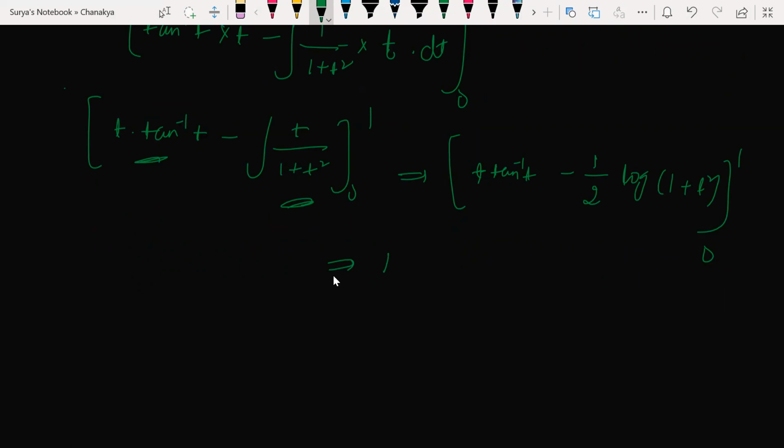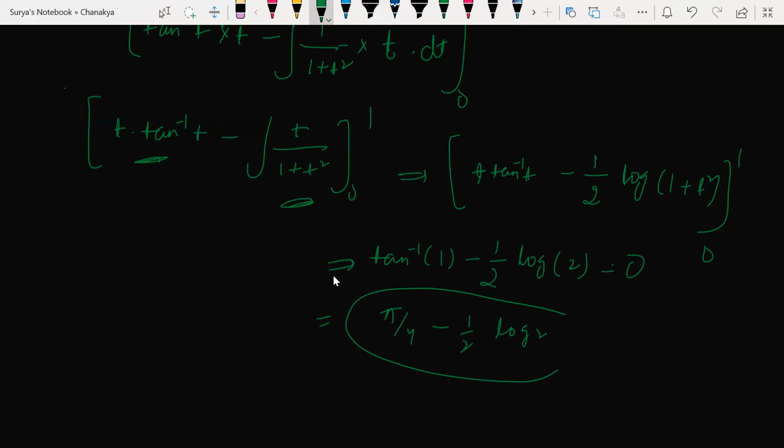So 1 into tan inverse of 1 minus 1 by 2 times of log 2, minus 0. 0 into something is 0, so it will be 0 only. So this will be pi by 4 minus 1 by 2 times of log 2 will be the answer.